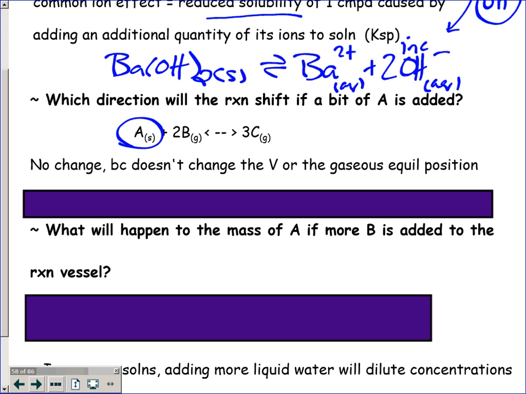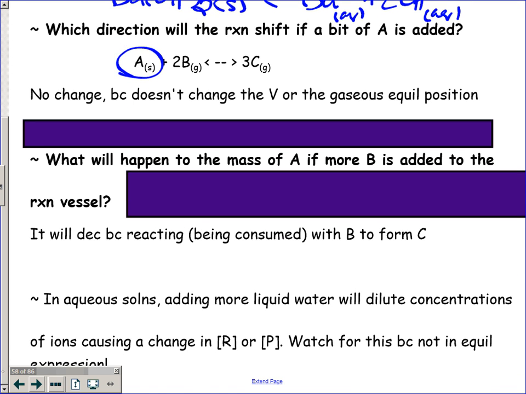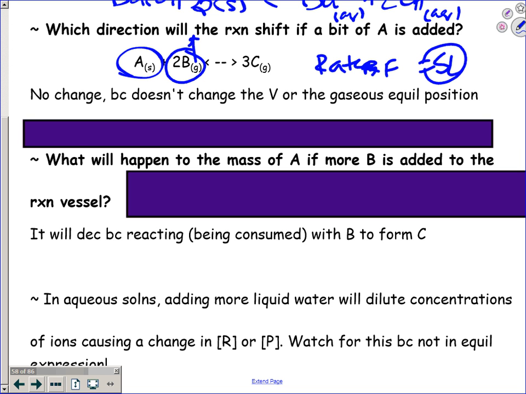And though it is a solid, you can affect its amount by taking into account if the effect is causing a shift left or shift right. So increasing B will cause the reaction to shift forward, therefore consuming both reactants and producing products.